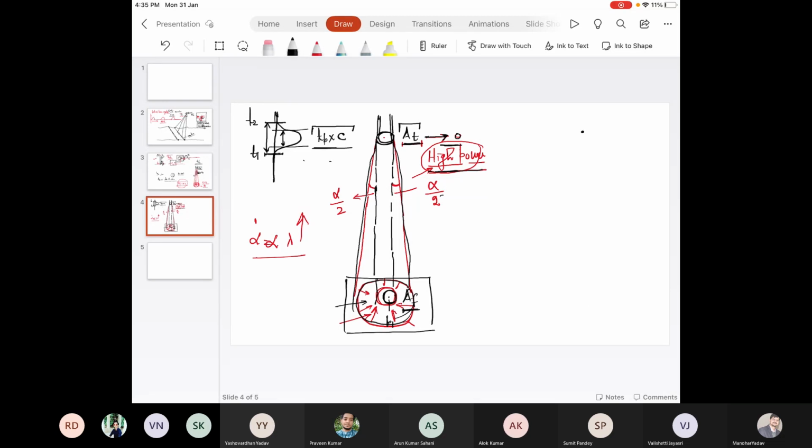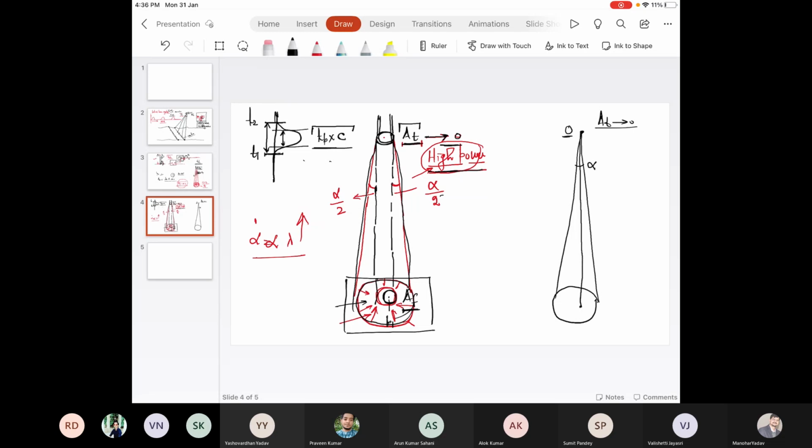So let's say we have a point source, considering its area tends to 0. This is the location of the optics origin O. Due to angle alpha, this is angle alpha.